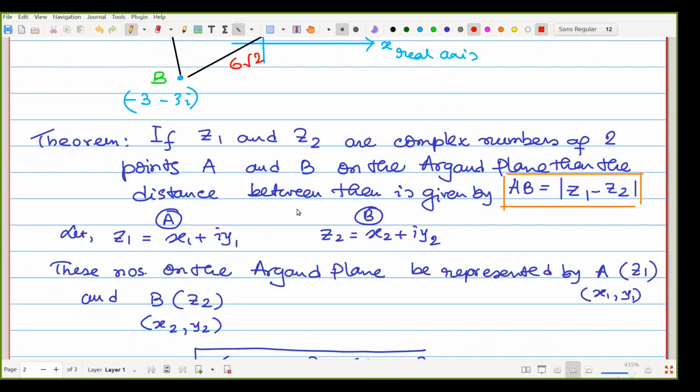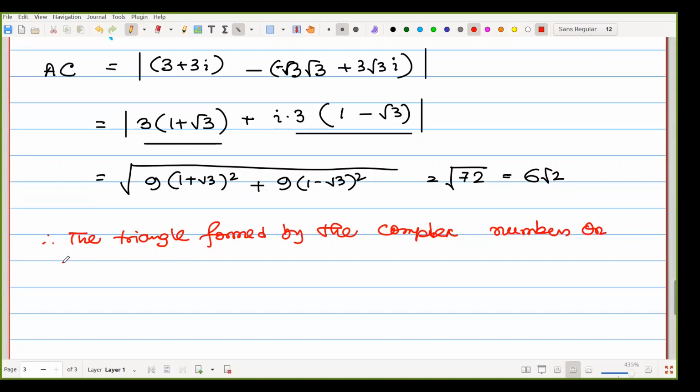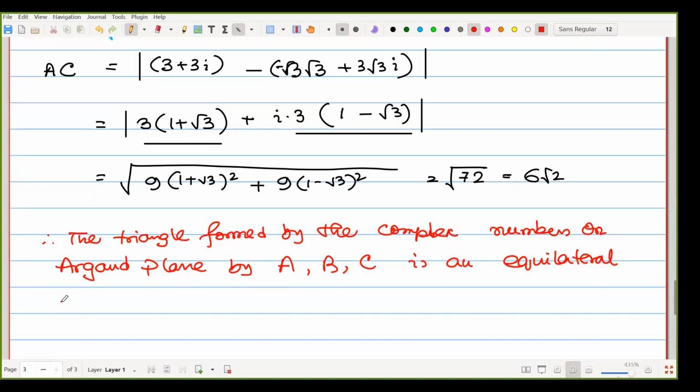So simply we can say the triangle formed by the complex numbers on the Argand plane by A, B, C is an equilateral triangle.